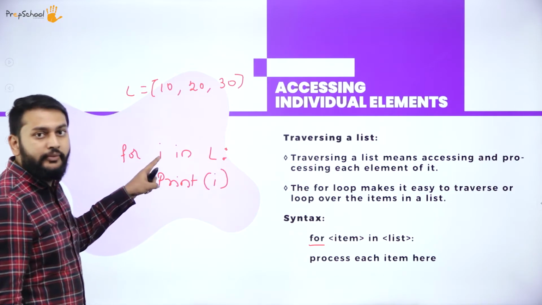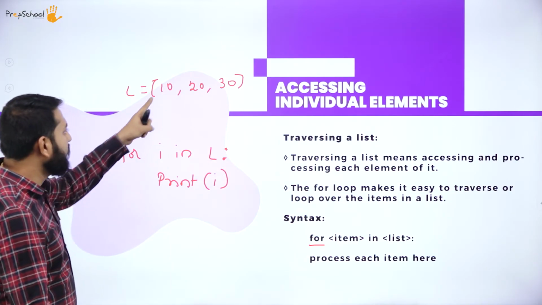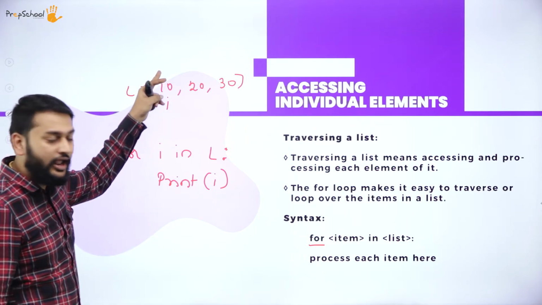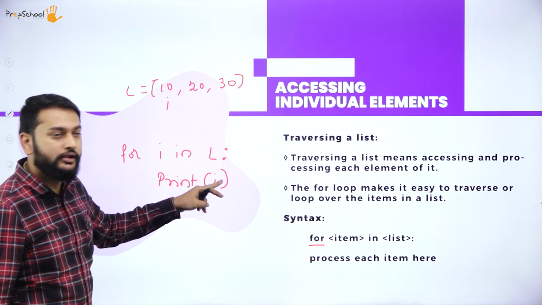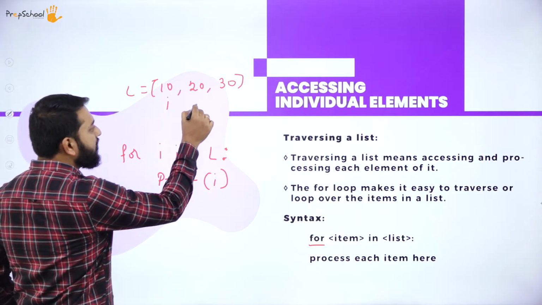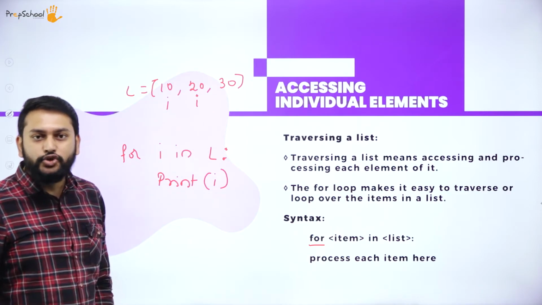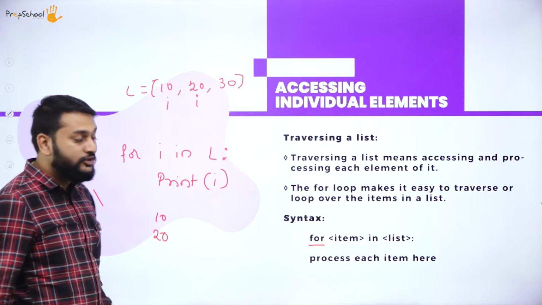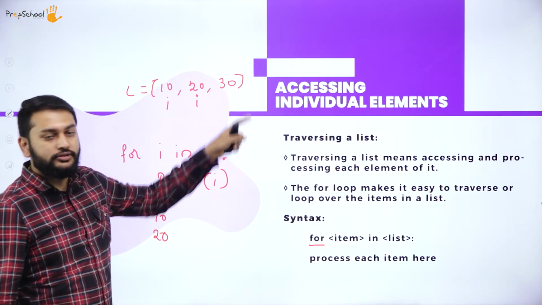The first time it comes, I will go to the first location. What is the I value right now? Right now the I value is 10, so it will print. After that it will go to the next iteration, and it will come to 20. What is the I value? The I value right now is 20, so it will print. Then it will go to 30, right?